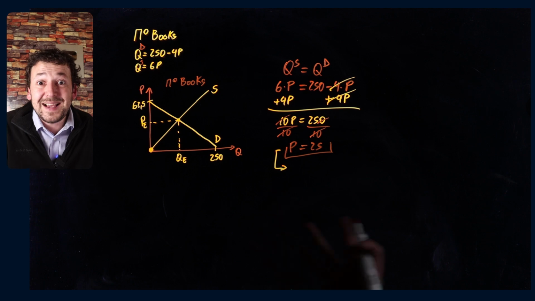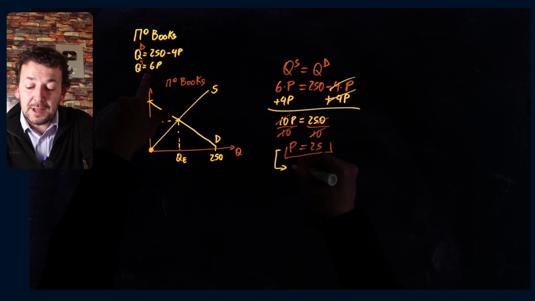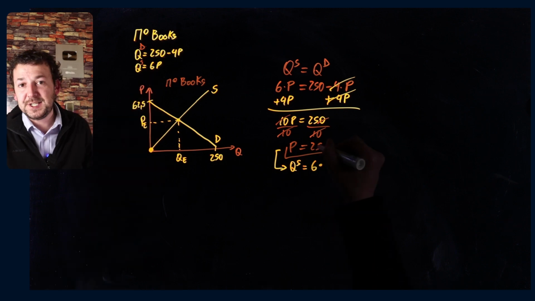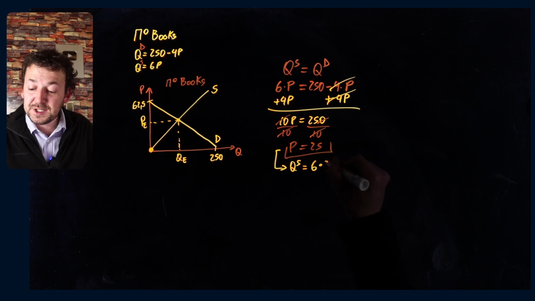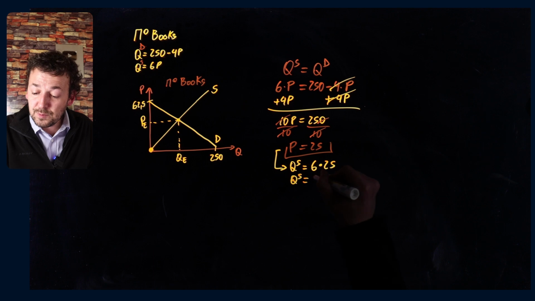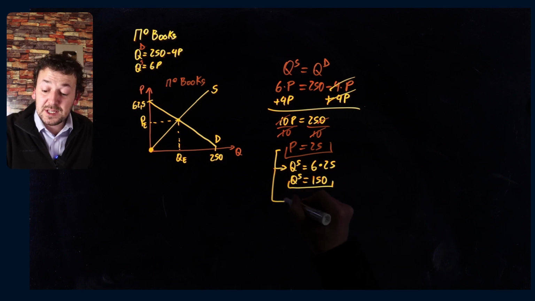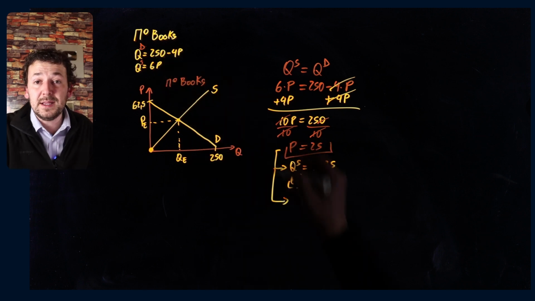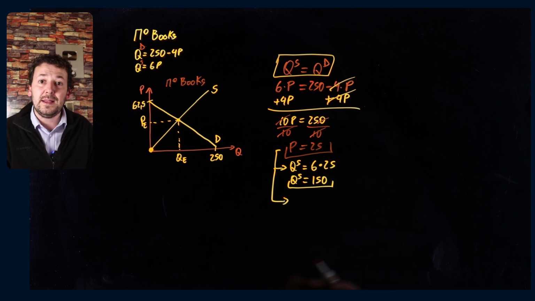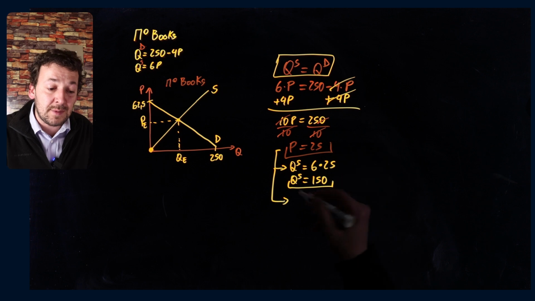So we're making sure that we are correct with all these calculations. We will take the quantity supplied equal to 6 times the price, and the price is 25, so 6 times 25 will be equal to 150. And now we're going to check this result with the quantity demanded. That has to be the same because we started with this condition that I want to find a price where the quantity supplied is equal to the quantity demanded.